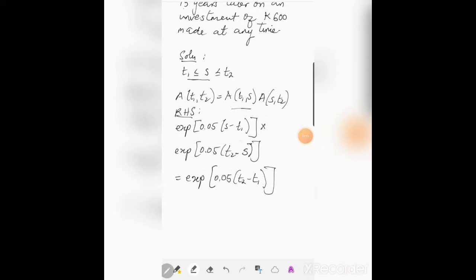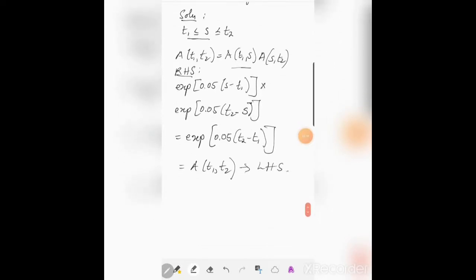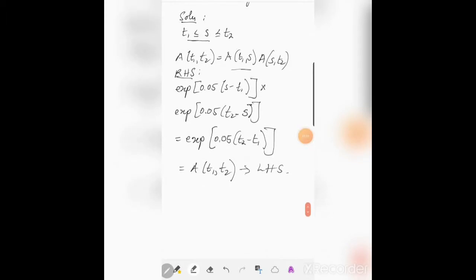If you open these brackets and further simplify, this brings you back to A(t1, t2), which is equal to the LHS. So now we have proved that the right hand side of the equation is equal to the left hand side.